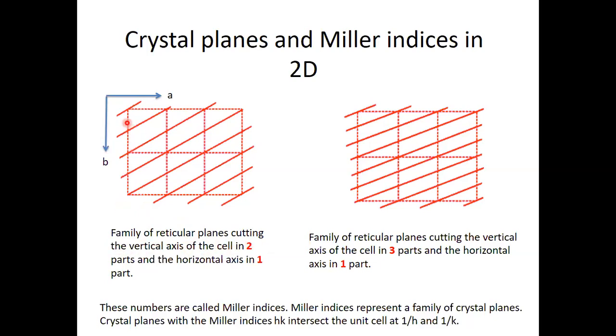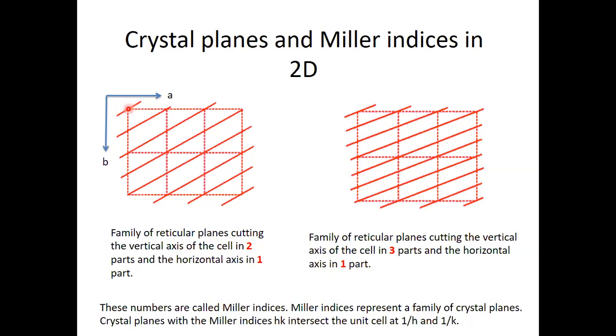We have to go 1/2 of the lattice parameter b until we meet a second crystal plane, and then another 1/2 to meet the next, and then another 1/2. So these crystal planes cut the lattice parameter b into 2 parts.